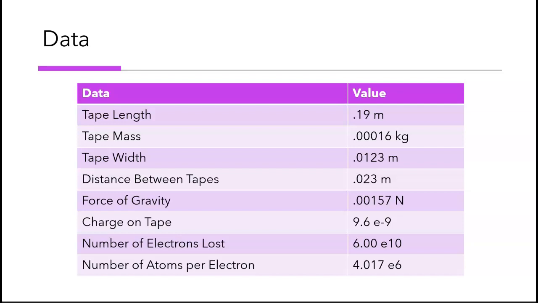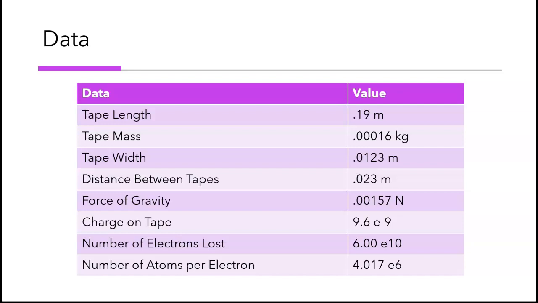We calculated the force of gravity by multiplying the mass of the tape with the gravitational constant being 9.8, and we derived 0.00157 newtons. We calculated the charge on the tape by equating the electrical force to the force of gravity, and dividing that by K and R squared, to determine the charge of the tape.